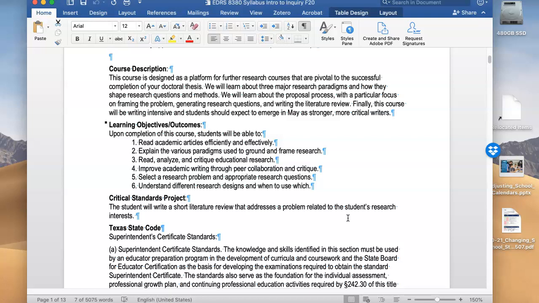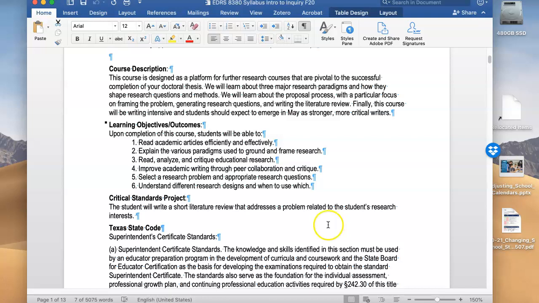Those are your first 2 chapters of your proposal and what will later become your thesis. The course is writing intensive, and you should expect to emerge not in May, but in December, sorry, typo, as stronger, more critical writers. Although by May, you will also be stronger, more critical writers.